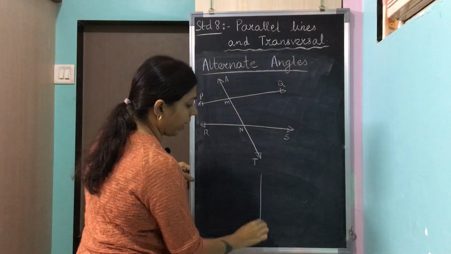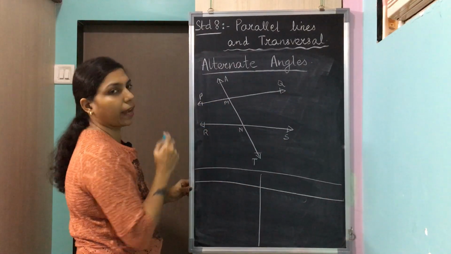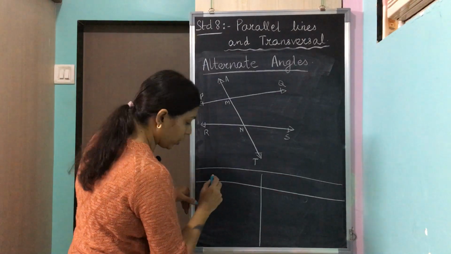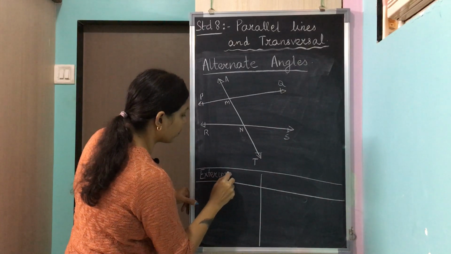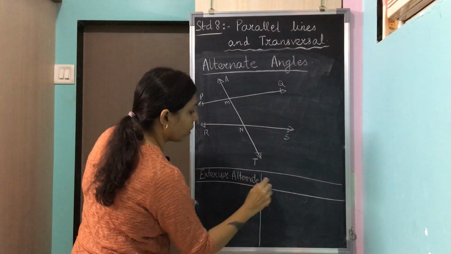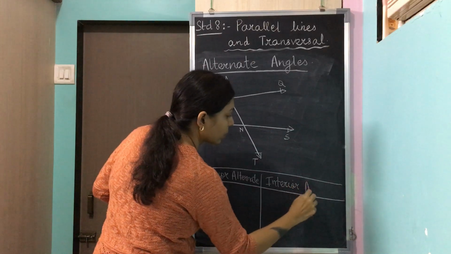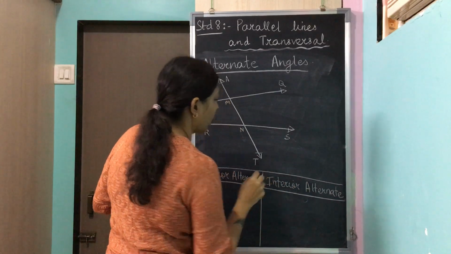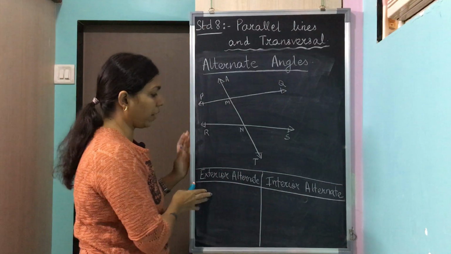Now the next pair of angles which are formed are called alternate angles, and in these alternate angles you have two types of angles, which are your exterior alternate and interior alternate. Okay, so in alternate angles we have two types.